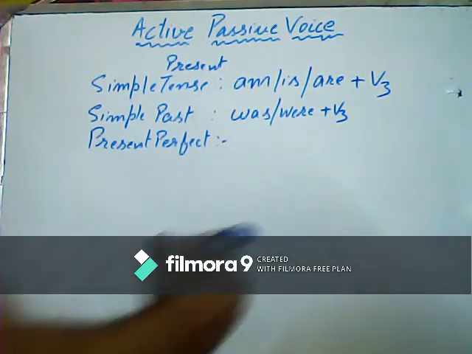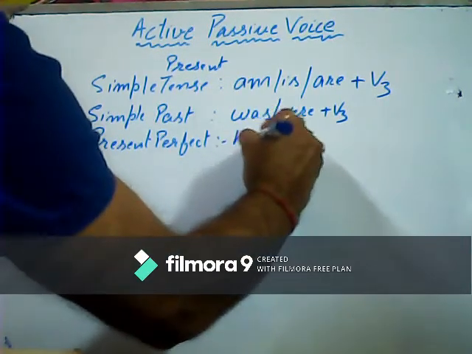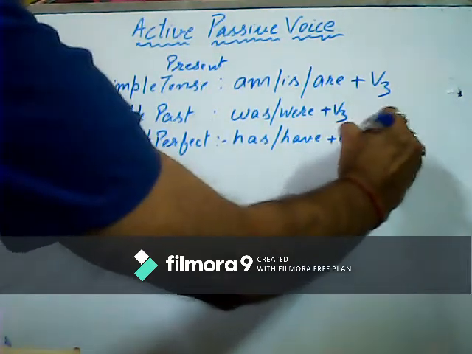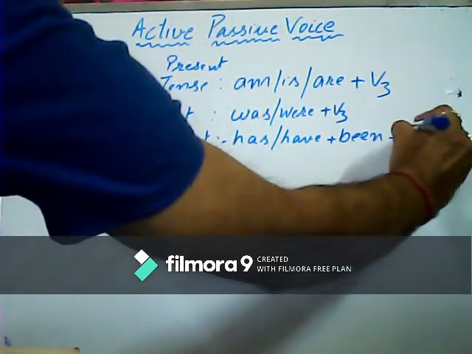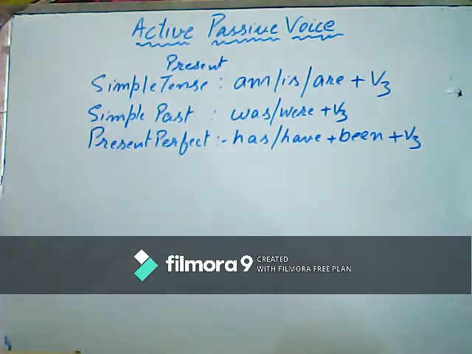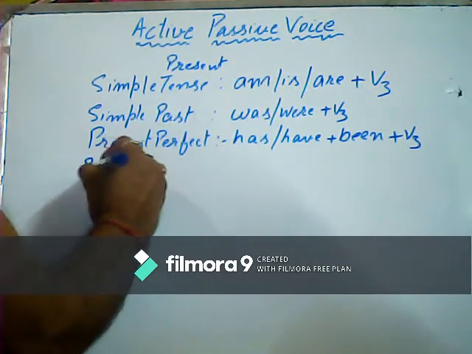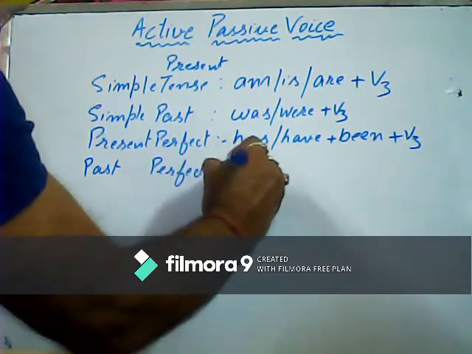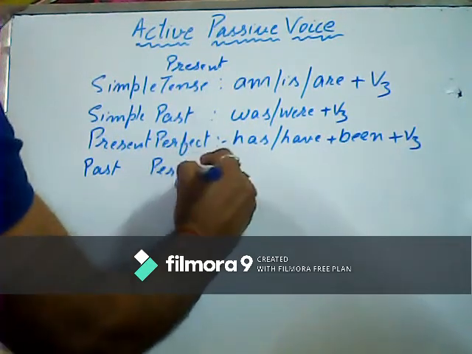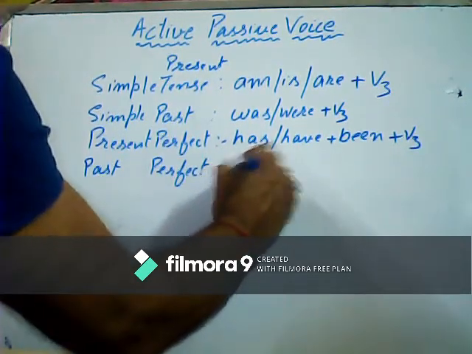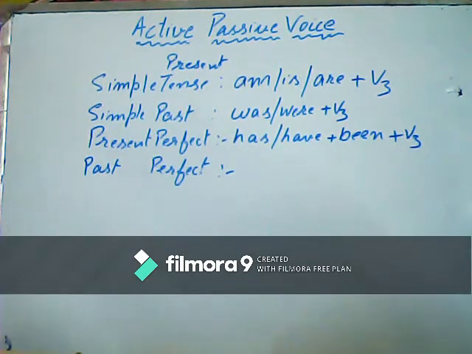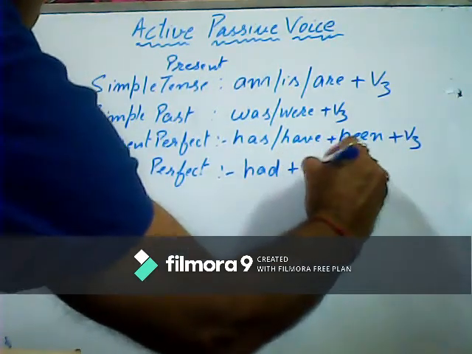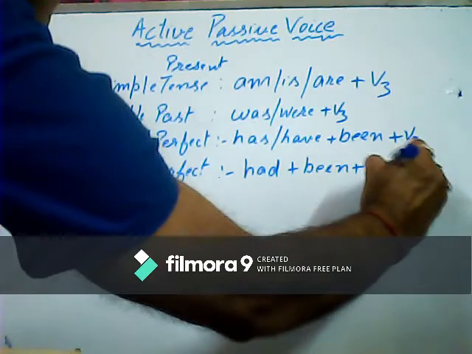We'll use has, have plus been plus the third form of the verb. For past perfect, what will you use? We always use had plus been plus the third form of the verb.